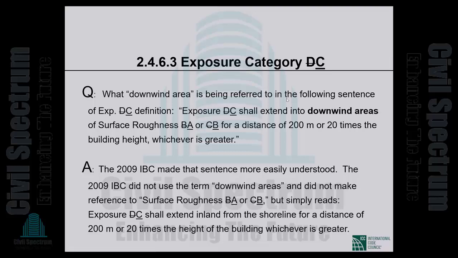The 2009 IBC did not use the term downwind areas, did not make reference to surface roughness A or B, but simply reads: exposure C shall extend inland from the shoreline for a distance of 200 meters or 20 times the height of the building, whichever is less. This is much, much better. So exposure C shall extend inland from the shoreline for a distance of 200 meters or 20 times the height of the building, whichever is greater.